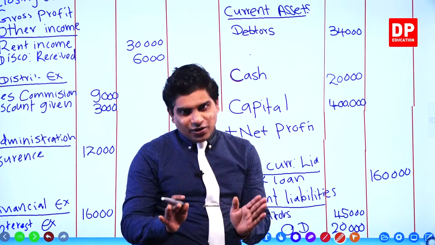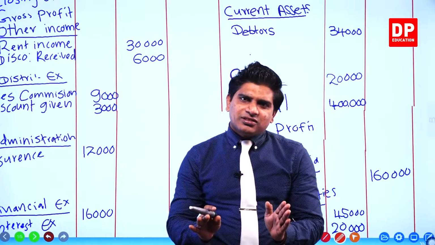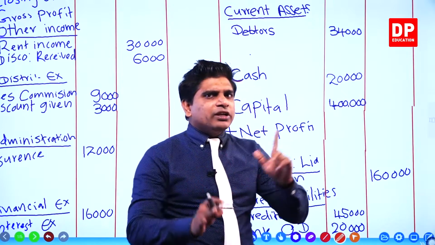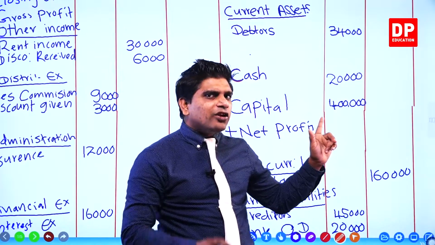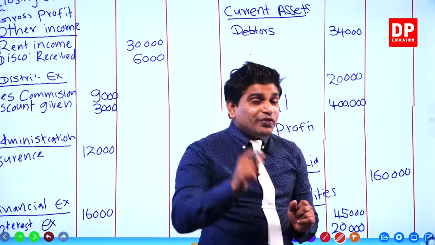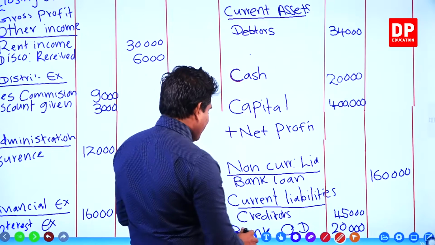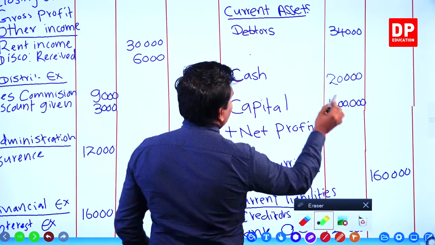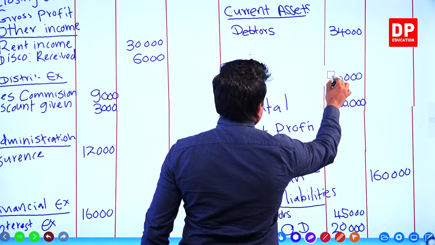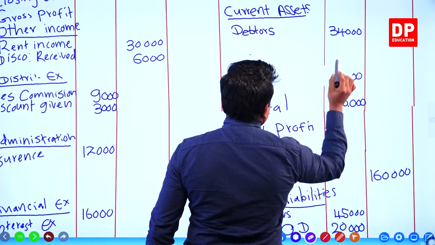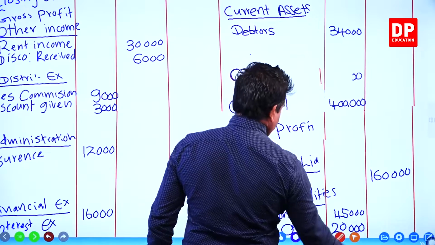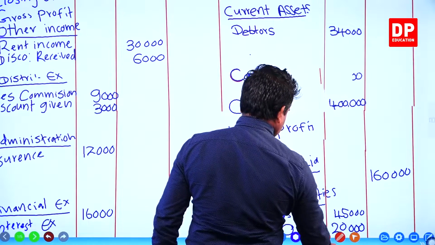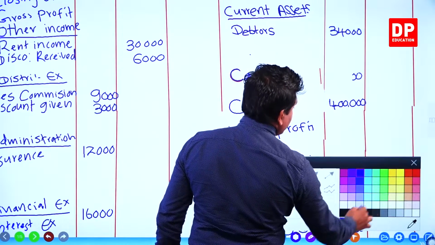Bank overdraft 20,000. Cash how much? 155,000. But I put here 20,000. Is it correct? No. It should be 155,000, right? You have to change it. You have to draw the line also.